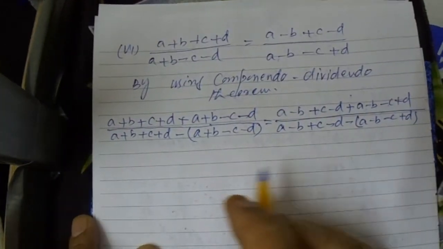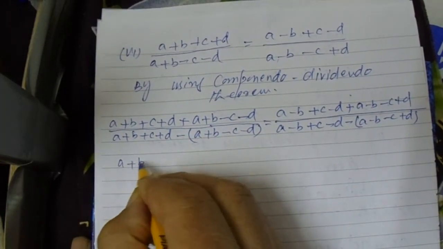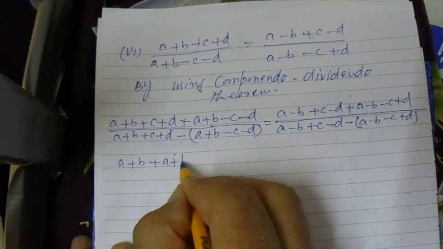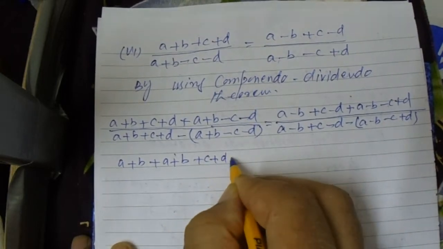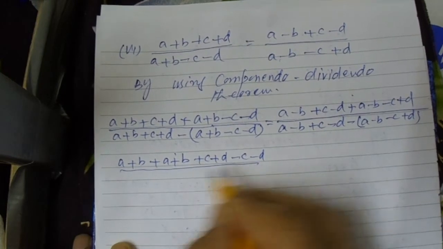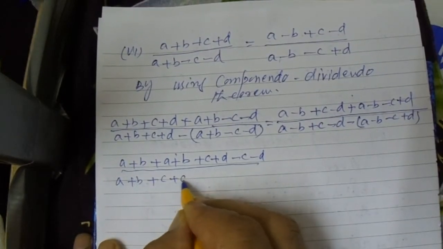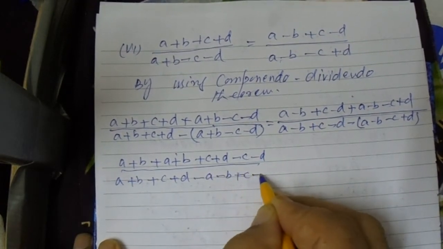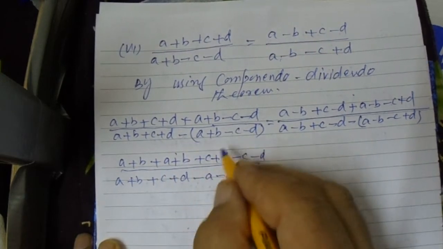Now we again arrange these terms, A plus B, C plus D and minus C minus D over A plus B plus C plus D minus A minus B plus C plus D. We multiply this minus sign inside the brackets.